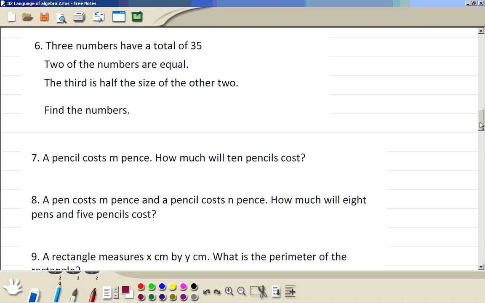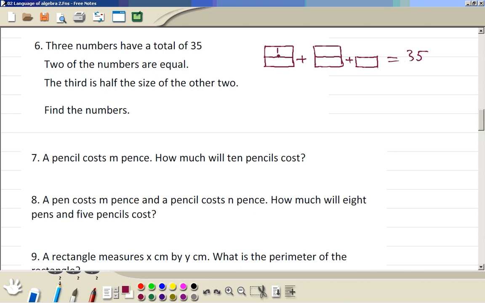Number 6. 3 numbers have a total of 35. 2 numbers are equal, the third one is half. So if we have 2 numbers, one like this, the other one the same size, but the third one is half the size, and we can split these into 2. So it's equal to 35.